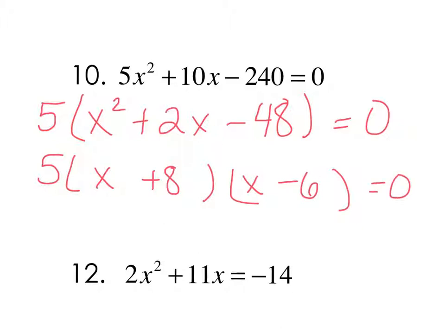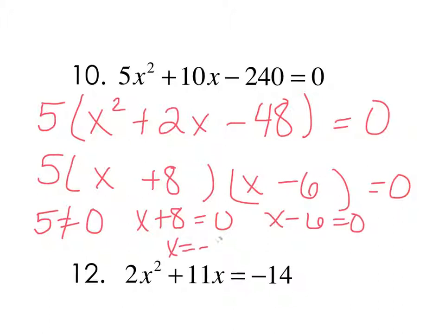And then you're going to set each factor equal to 0. You can even do the greatest common factor, but obviously 5 does not equal 0, so that doesn't really matter. And we have x plus 8 equals 0, and x minus 6 equals 0. So x equals negative 8, and x equals 6.